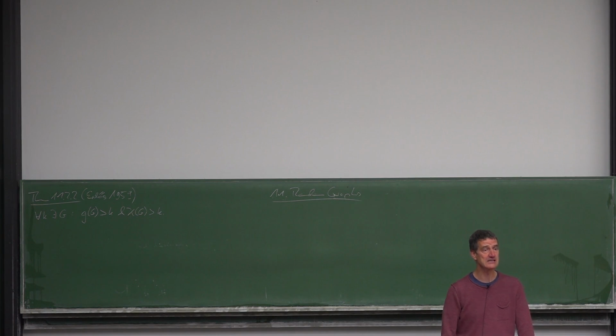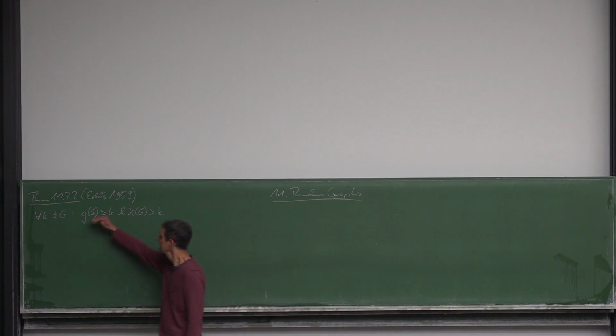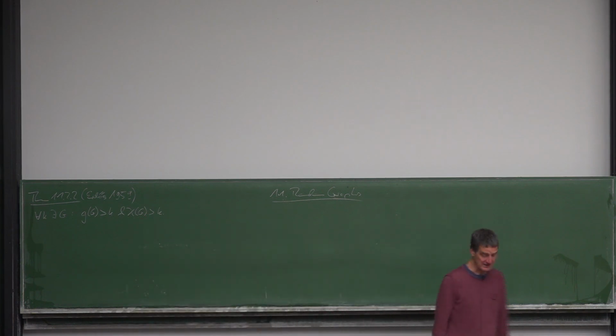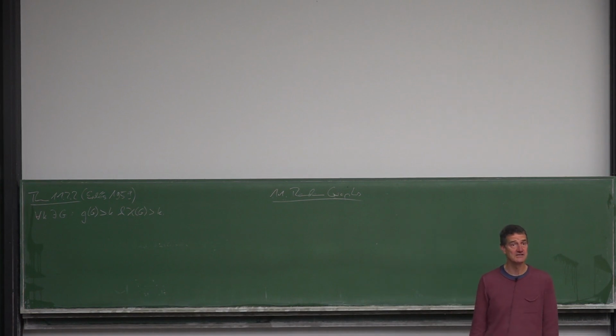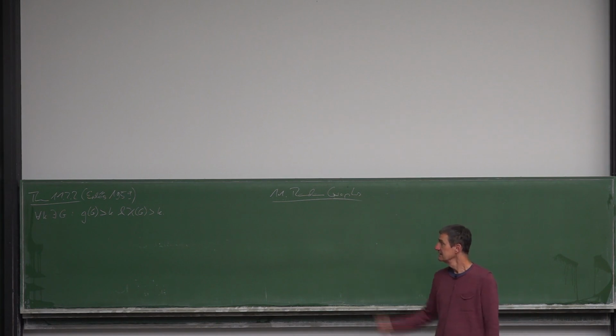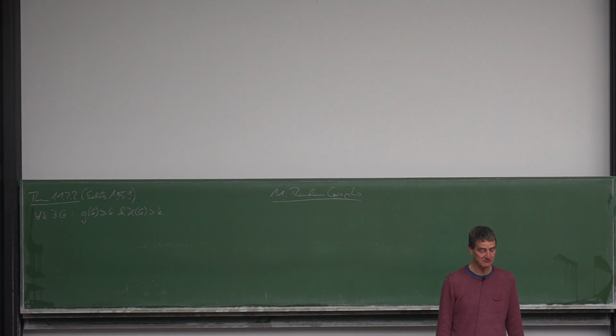More precisely, the measure of those graphs that have short cycles is less than half, and the measure of those graphs whose chromatic number is at most k is also less than half. So since less than half and less than half don't add up to 1, there must be some graph that those sets are missing, and that will have both properties. So that's roughly the idea, and we know a little more now how to define these probability spaces.